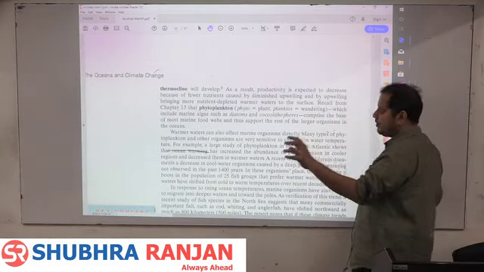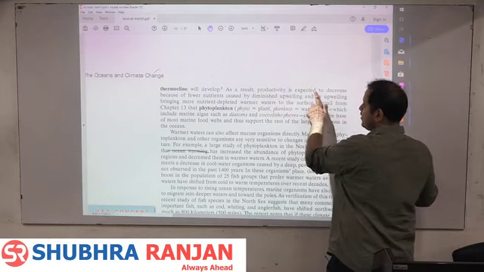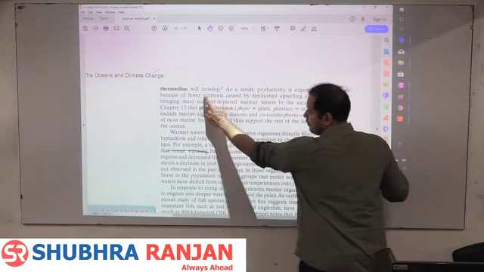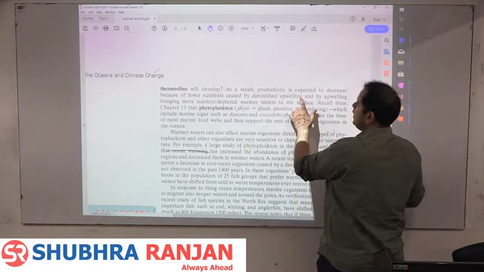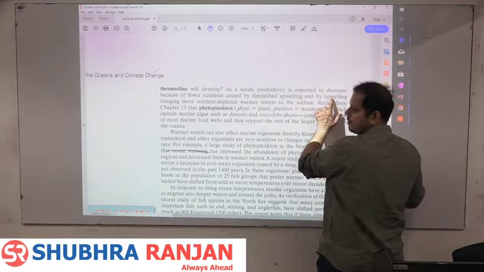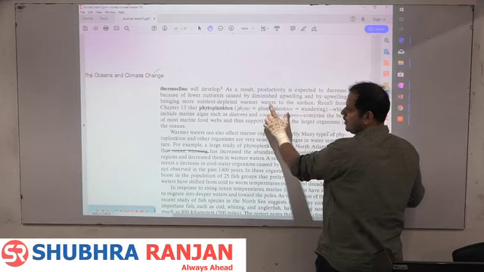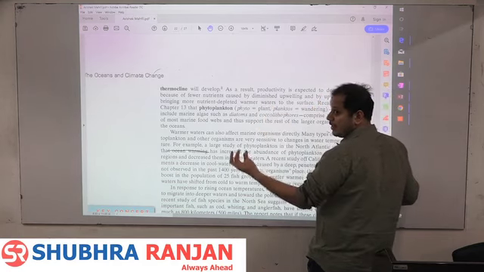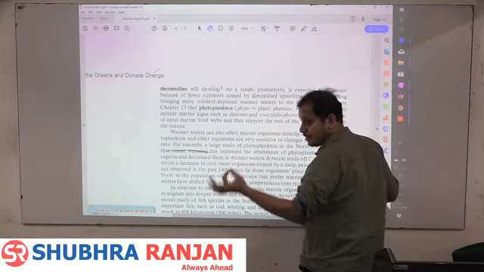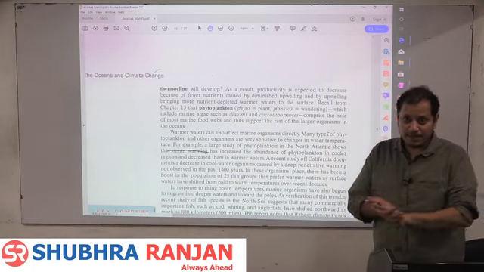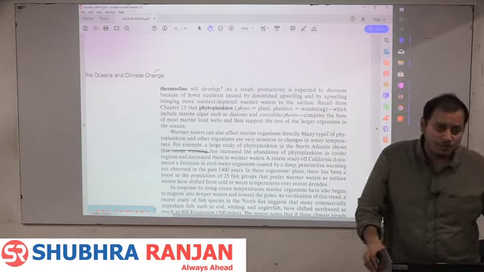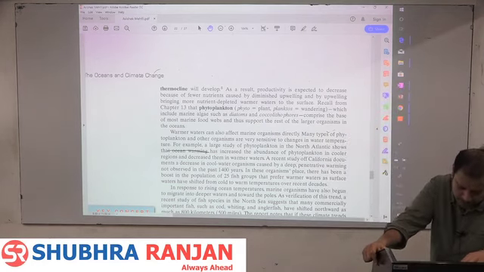As a result, productivity is expected to decrease because of fewer nutrients caused by reduced upwelling and by nutrient depleted upwelling. मतलब upwelling rate of the ocean will also be affected. ये जरूर लिखना आंसर में. That is, the upwelling zones will also be affected because thermohaline is now more dense, more strong.